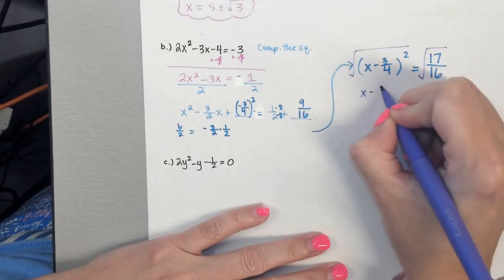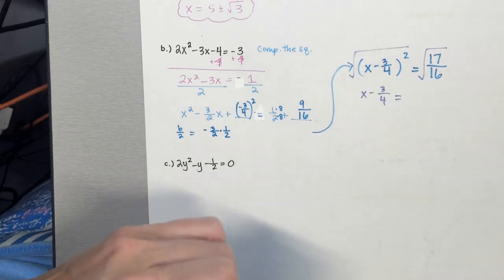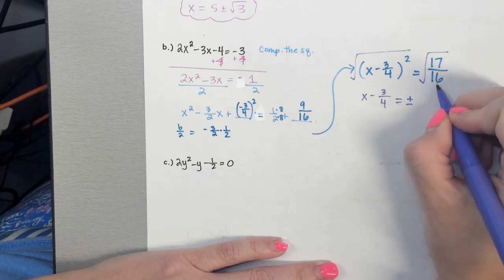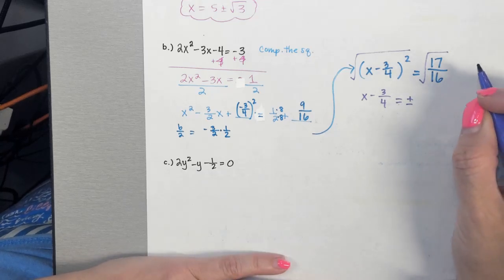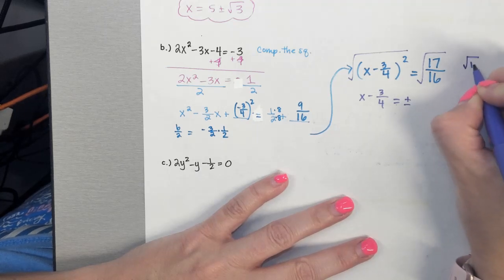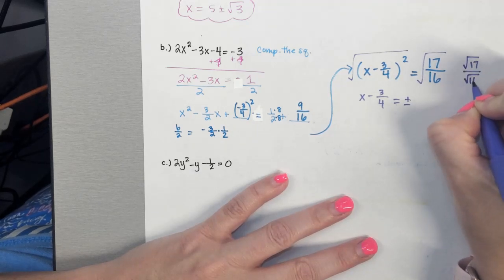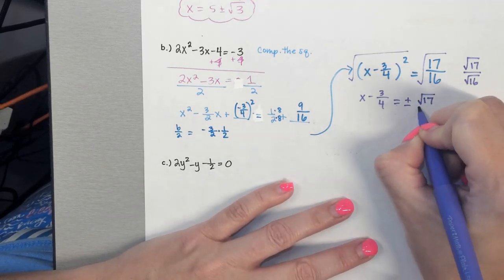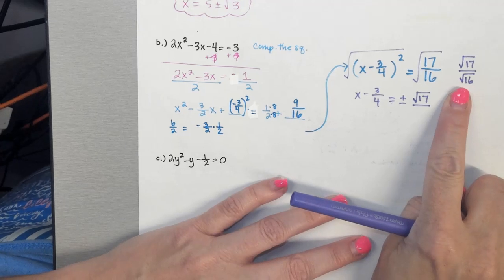So I have x minus 3/4 equals, and then I'm going to put my plus or minus. And remember, if you have a fraction, this is the same thing as doing the square root of the numerator over the square root of the denominator. So the square root of the numerator isn't going to simplify, but this does, right?